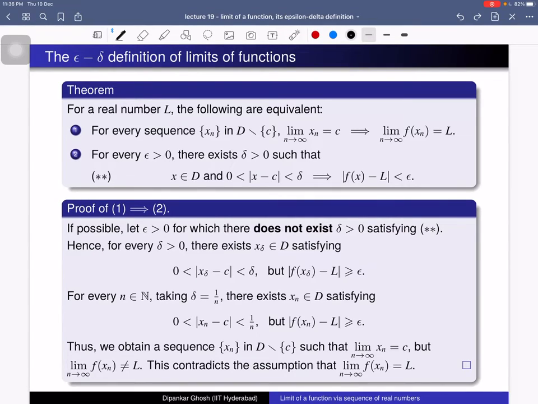Next we will prove that these two conditions are equivalent. Okay.